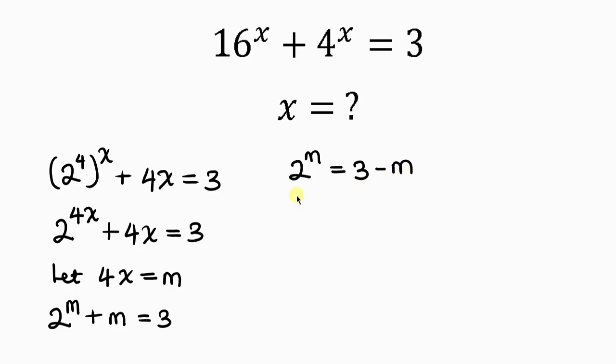Now our next step will be for us to divide both sides by the exponential term. We divide the left by 2 to the m, divide the right by 2 to the m.